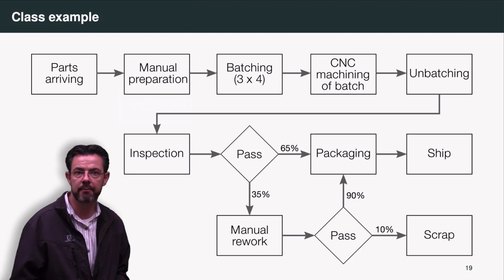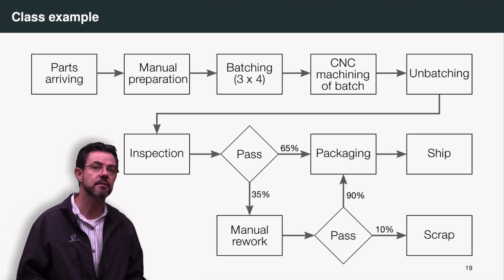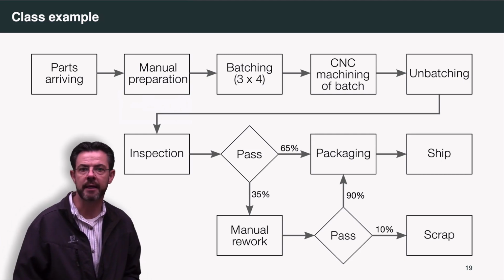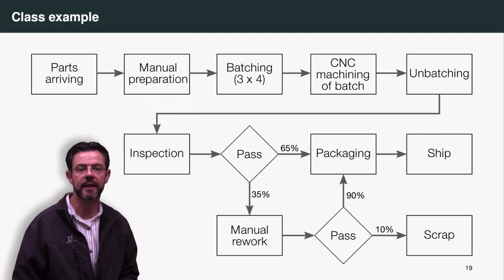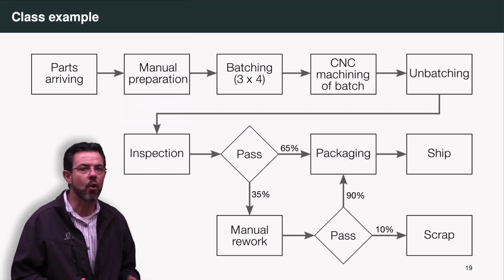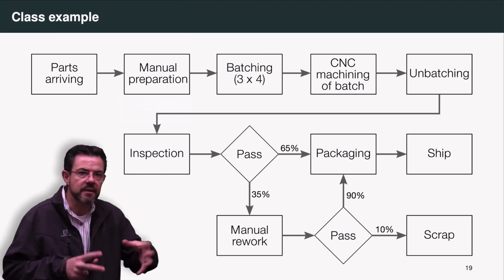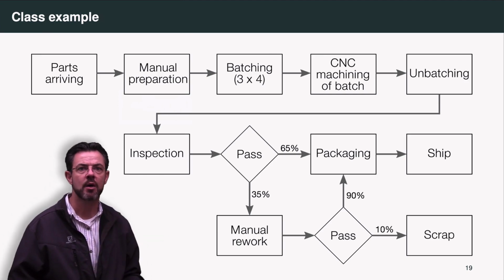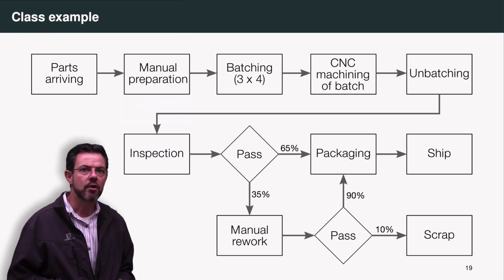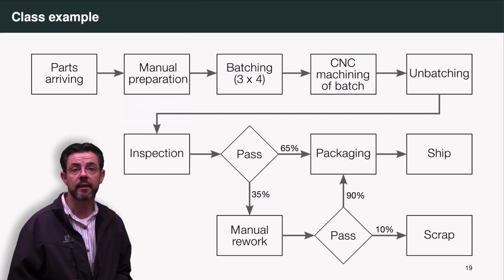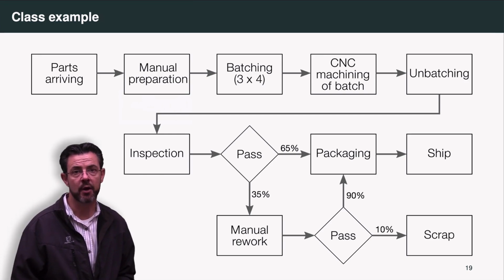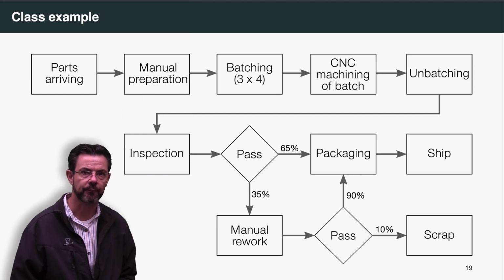The fact that certain parts pass and other parts do not, that's random in itself. The reworking time is random. The subsequent inspection is random. So you get the idea that all of these steps inside this process concatenate, all of this uncertainty builds up, which makes it not so simple to predict what the total output of this particular production line is going to be.